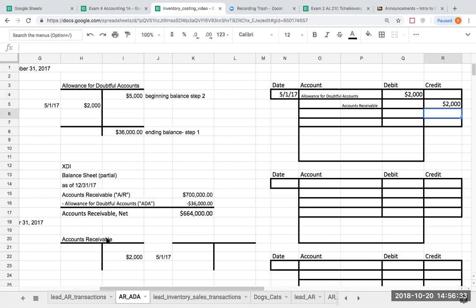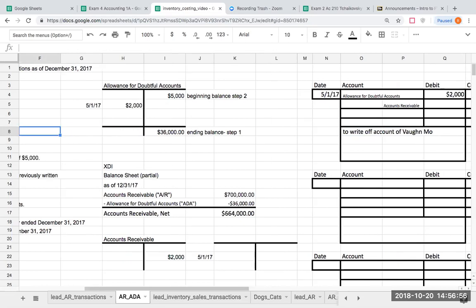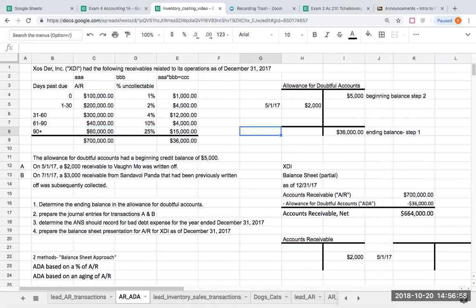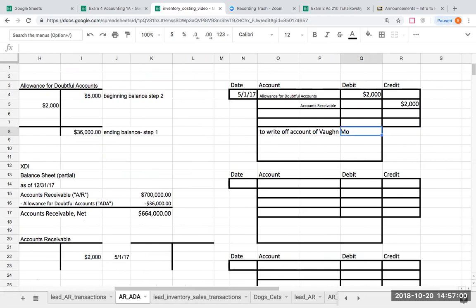When I'm writing off an account, I am telling the reader of my financial statements that I no longer expect to receive it. So therefore, I need to remove it from accounts receivable. So here is to write off the account of Mo or Vaughn Mo. Sounds like Venmo. Okay, so that was on May 1st, 2017.